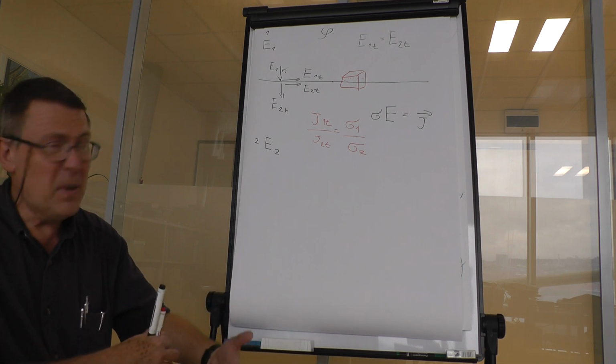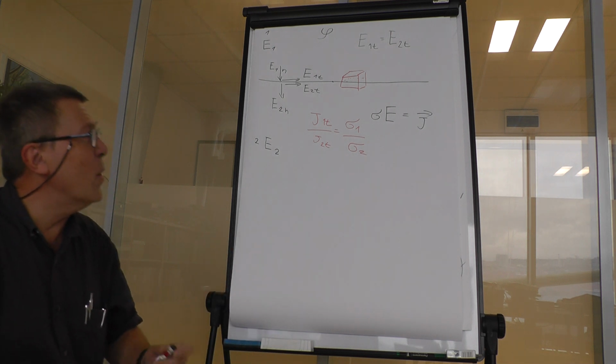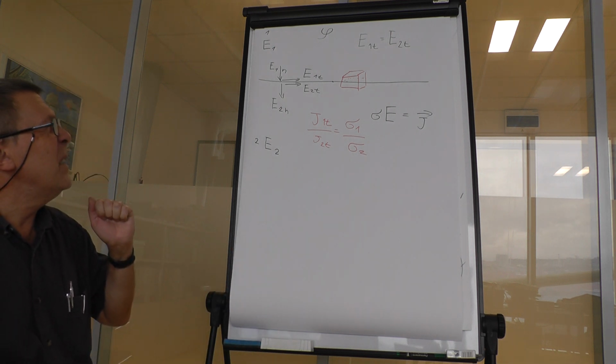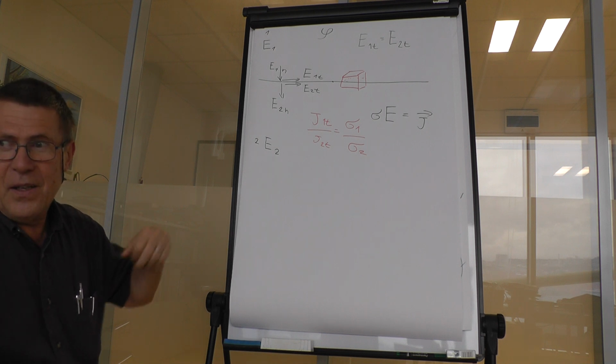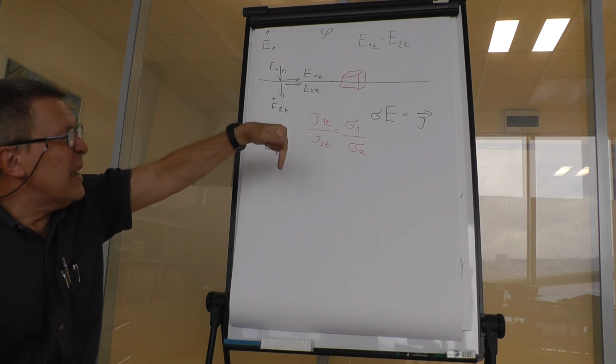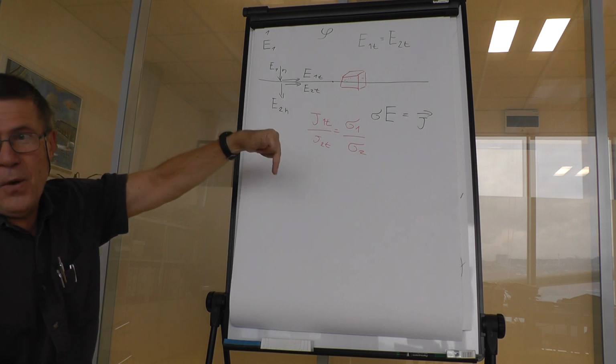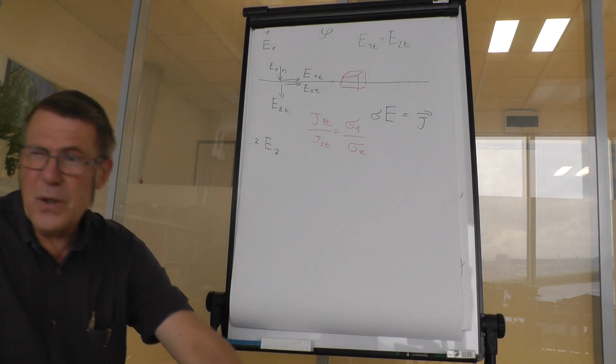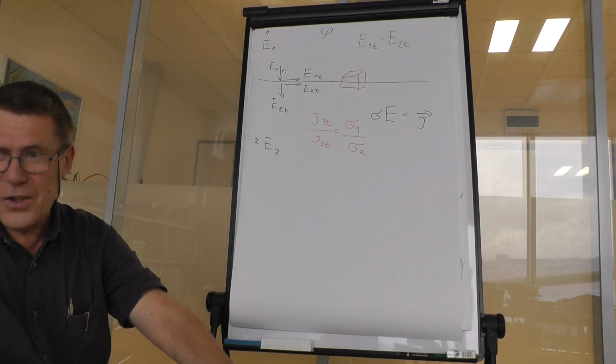So that's impossible. So we know that the current density flowing from upstairs down into the cube must flow down through the bottom side of the cube unchanged.